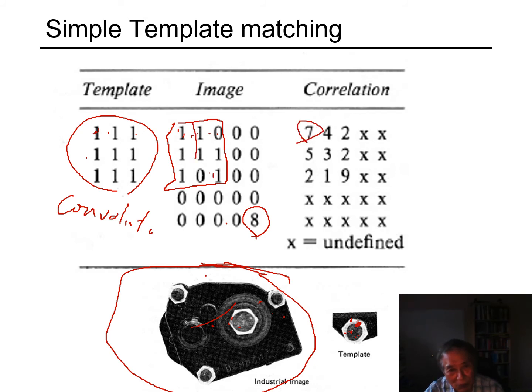Then if we move around in here, let me change the color into a different color. So this is the 3 by 3 matrix, 1, 0, 0, 1, 1, 0, 0, 1, 0.